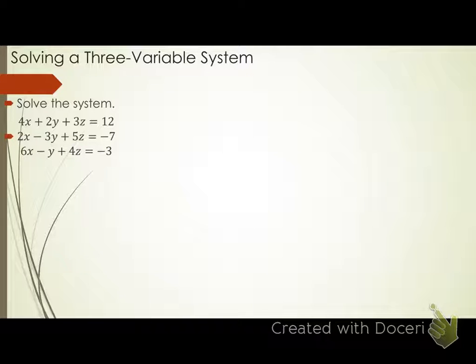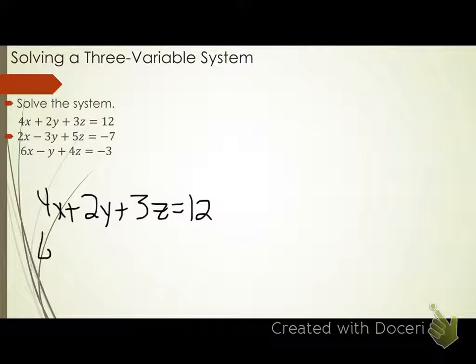Y. Y's got the smallest numbers, doesn't it? So I'm going to try to eliminate my y's. I'm going to use my first equation and my third equation, and rewrite those down here.